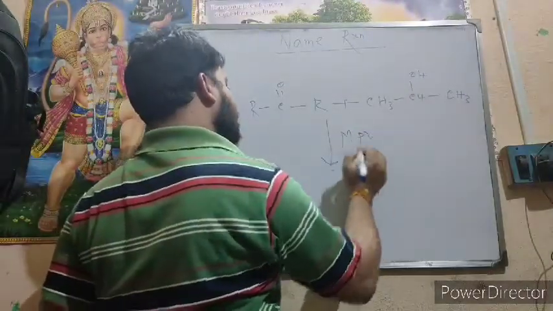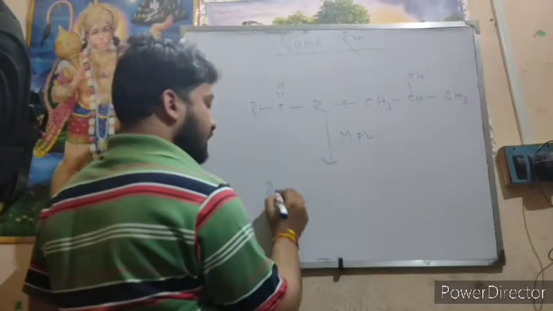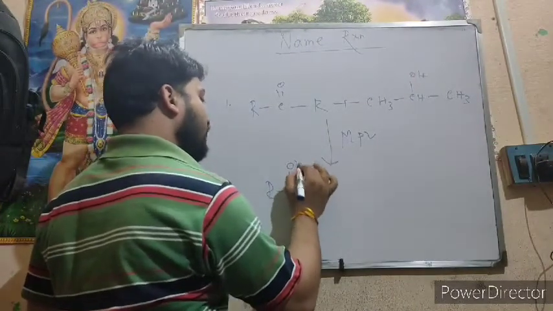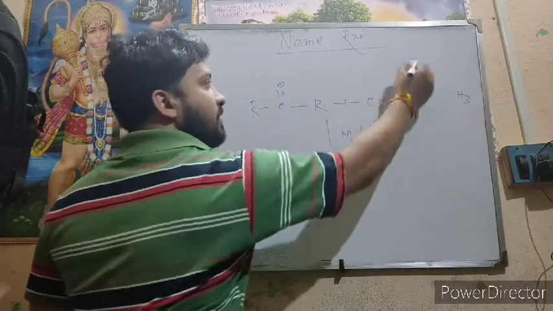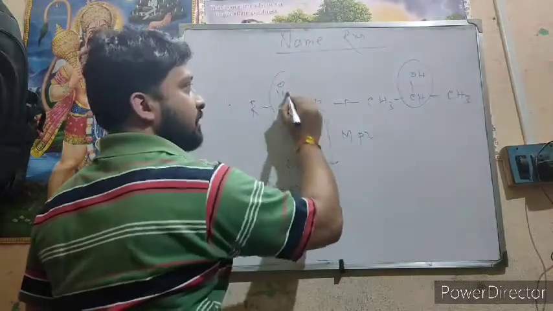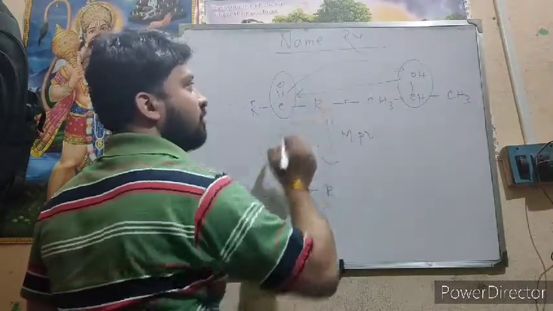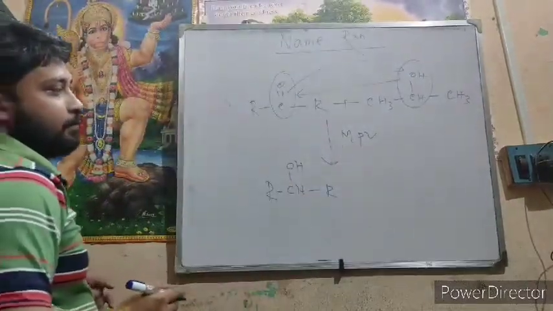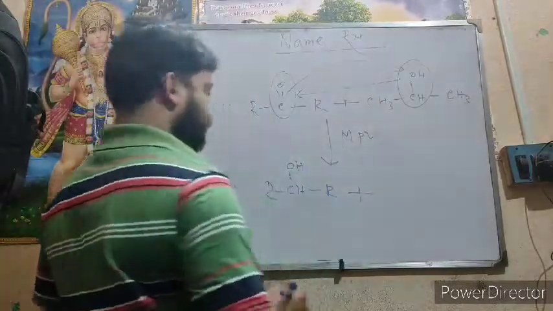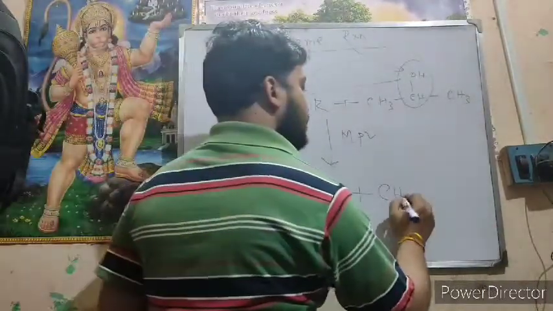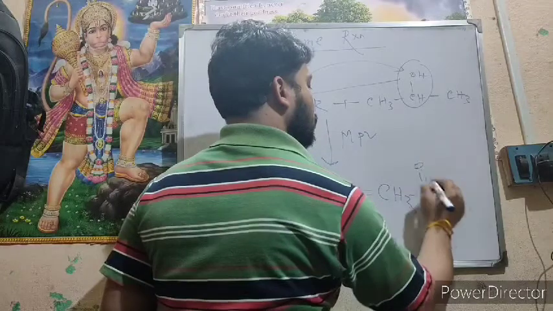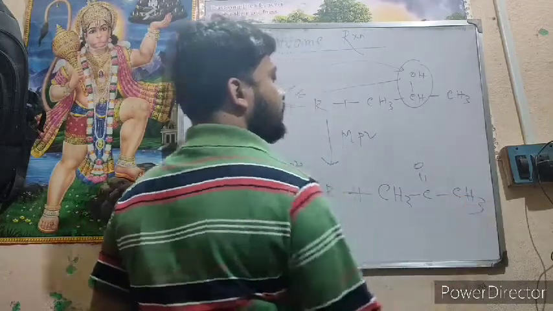By the MPV reaction you get RCHOHR. This replacement is here. This is a hot trick to remember. MPV reduction, plus CH3COCH3 will be the product.